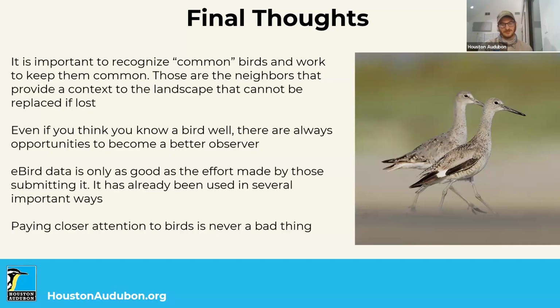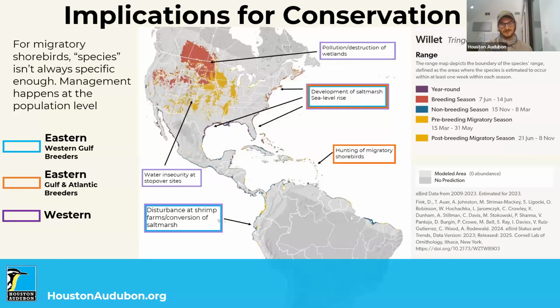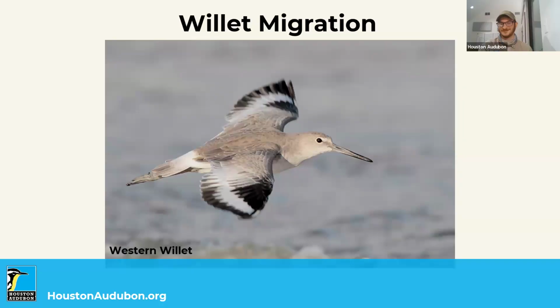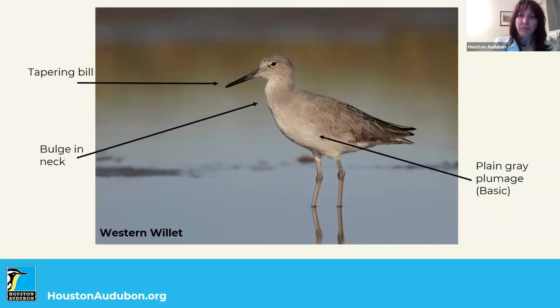I'm going to try going back here. I hope people can still see. Yes, we can. Here we go. So in basic plumage, they'll have that kind of broken white eye ring. And I think what it really does is it makes that eye stand in greater contrast.